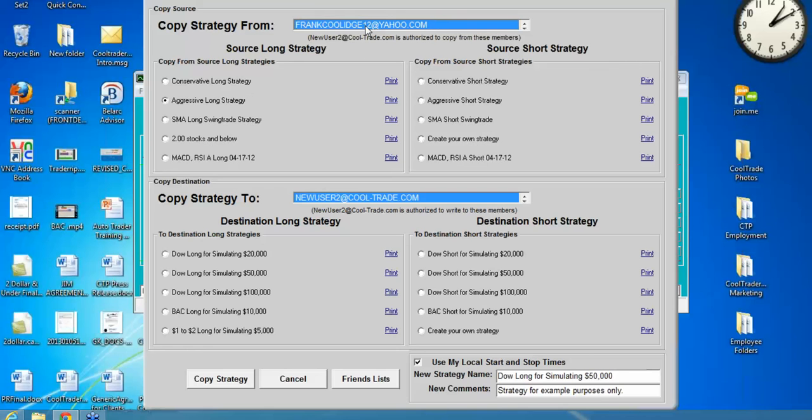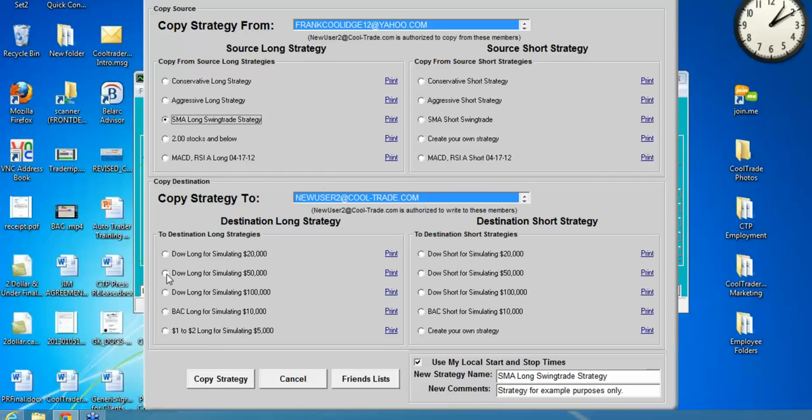So let's say it was Frank Coolidge, and you wanted to copy his strategy. You could just check the one you wanted to copy and then put a check mark next to the one you want to replace in yours. So this says copy strategy from, and this says copy strategy to.